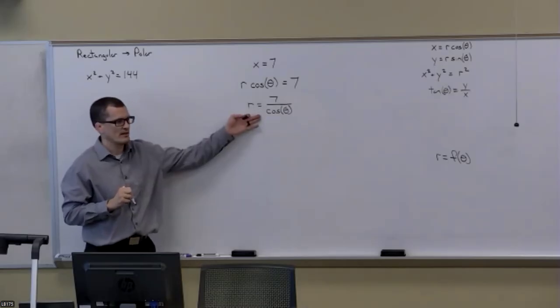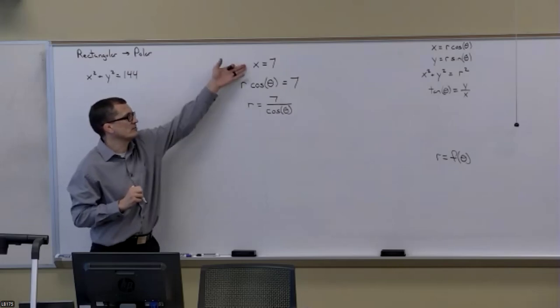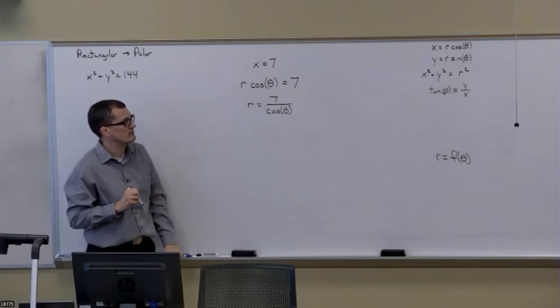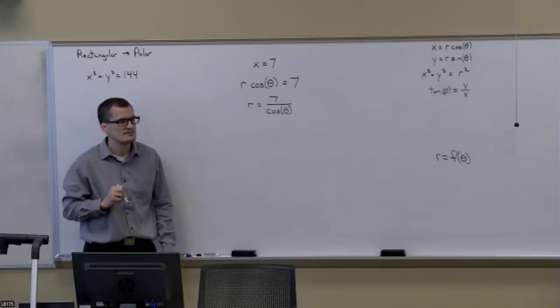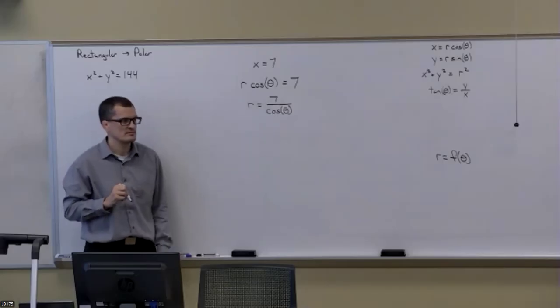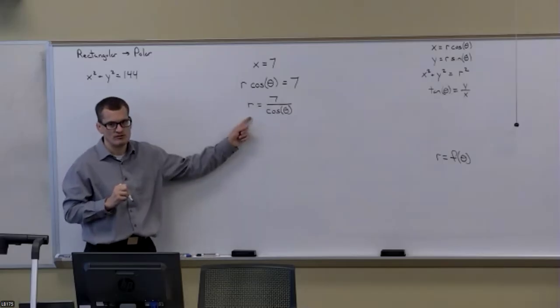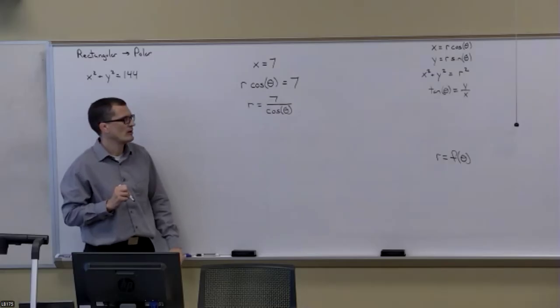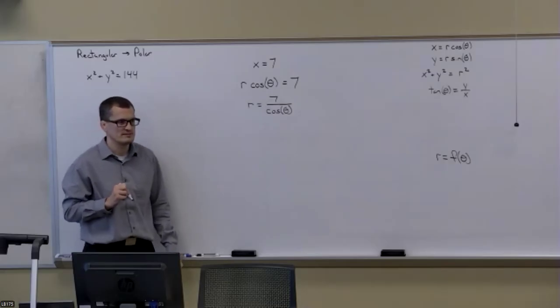Okay. So when in doubt, we can just replace each x we see with r cosine theta, each y we see with r sine theta, and then solve for r. And that gives me an equation in polar form where r is written as a function of theta.